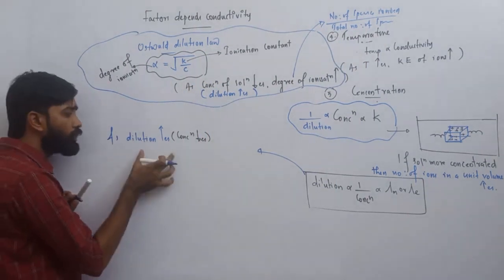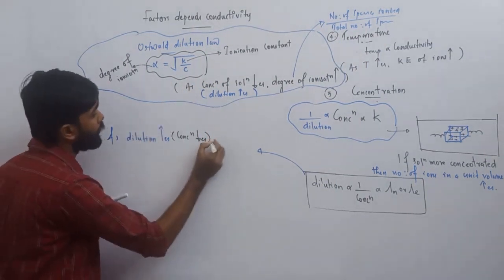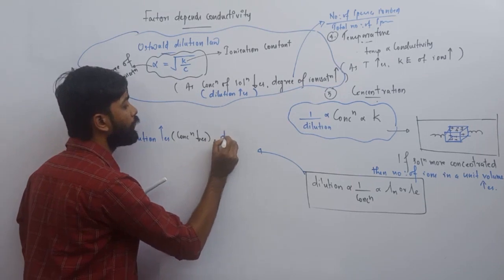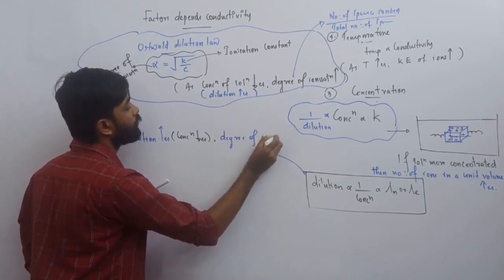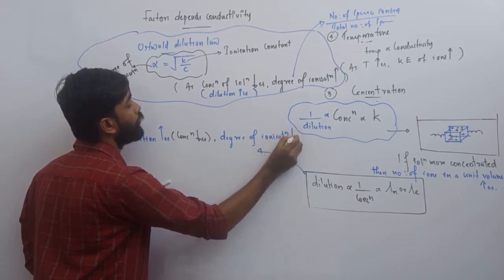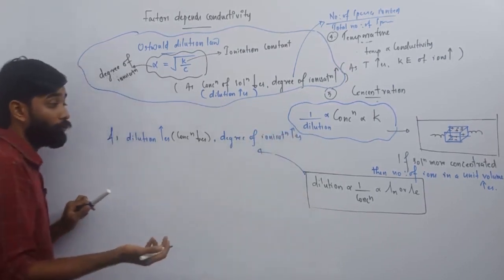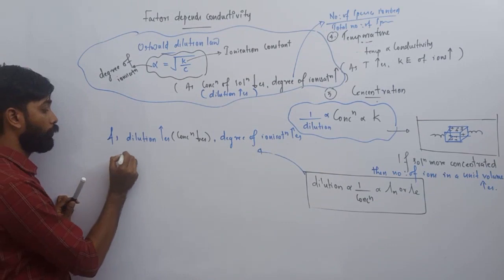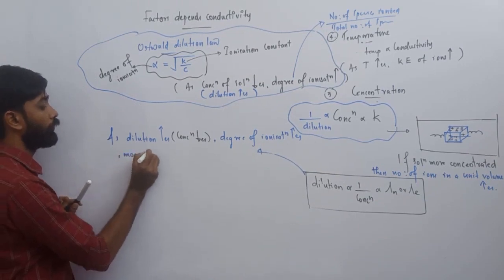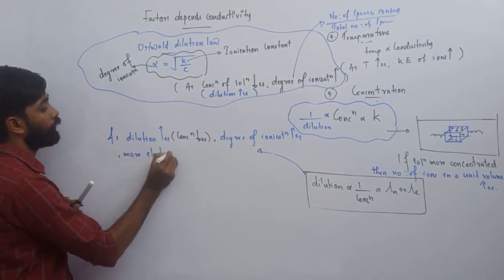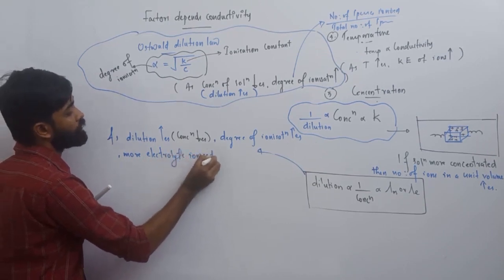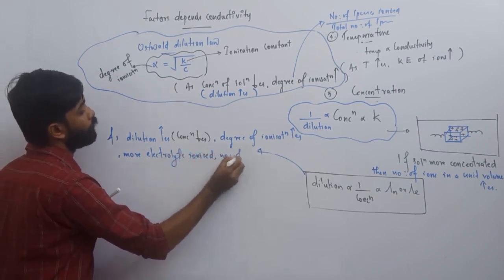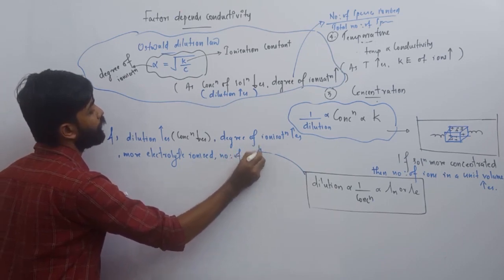So as dilution increases, according to Ostwald dilution law, what happens? Degree of ionization increases. If degree of ionization increases, it means more electrolyte is ionized, and the number of ions increases.